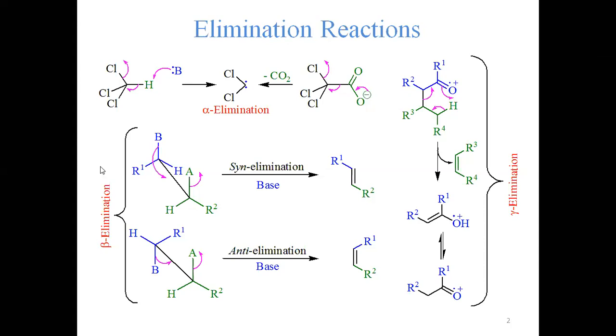Now, because in solution chemistry or vapor state chemistry in the laboratory this reaction doesn't happen, it has limited application in organic chemistry. So in this syllabus, we are not focusing on gamma elimination.